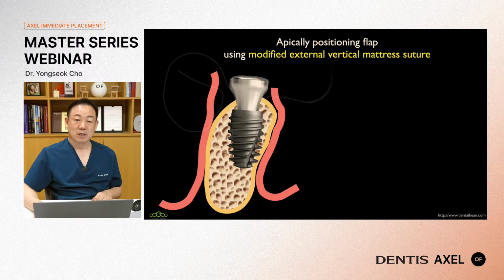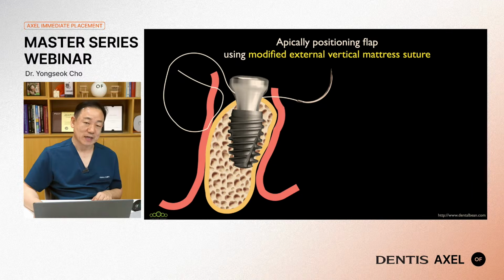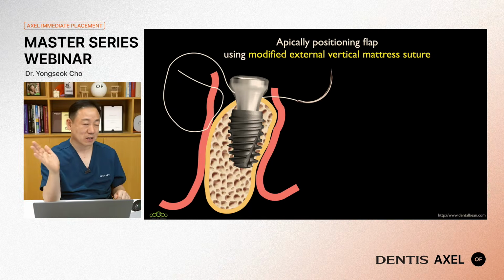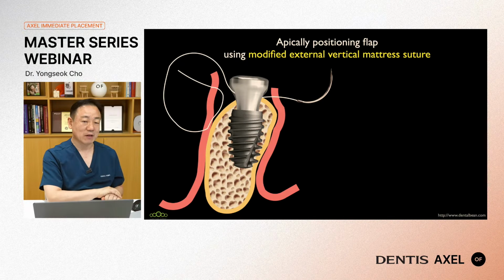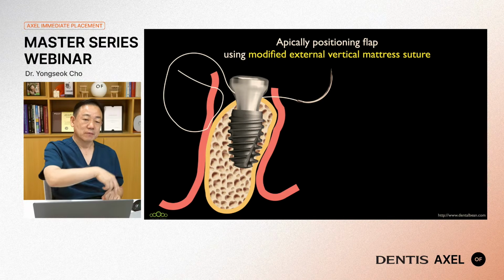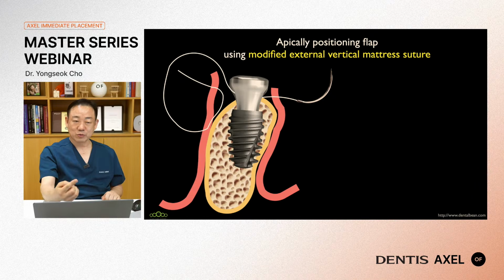Pass the needle from the coronal side to the apical side. It's better to pass the apical needle at attached tissue. That's why it's better to limit the amount of buccal flap elevation, and then move the needle toward the lingual side and just simply pass.